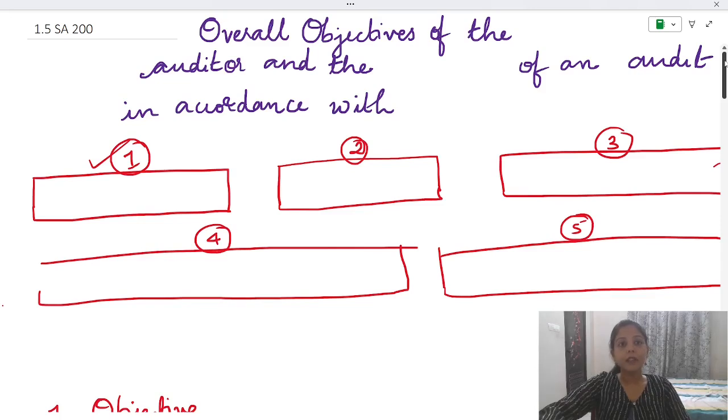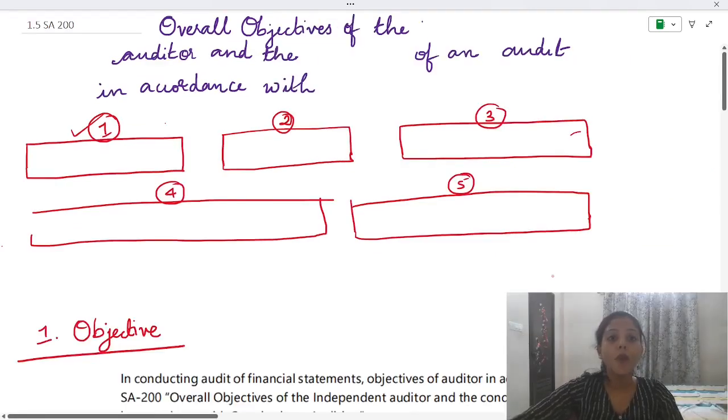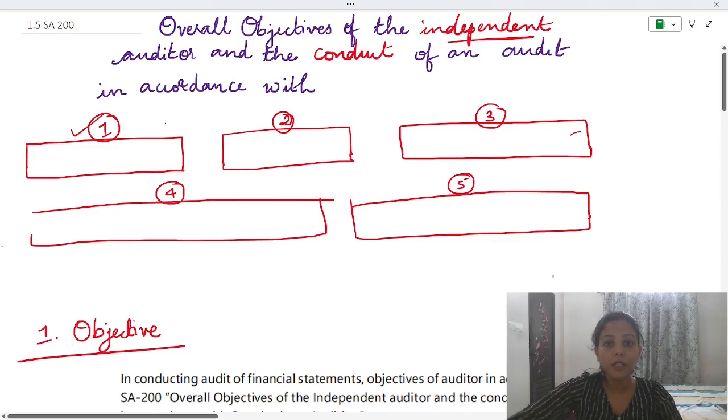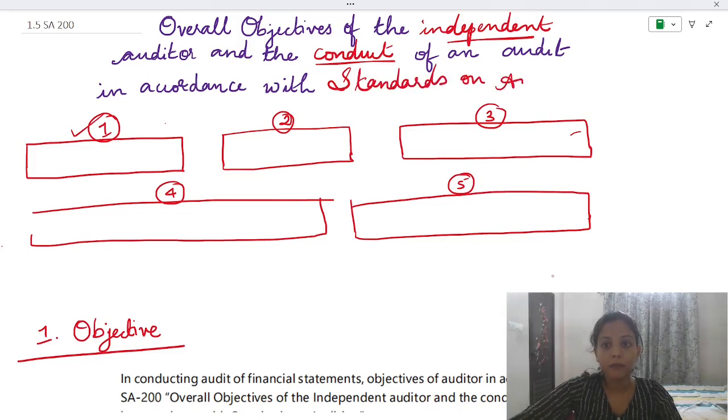Before that, what's the name of the standard? Overall objectives of the independent auditor and the conduct of an audit in accordance with standards on auditing. This is the name of the standard.